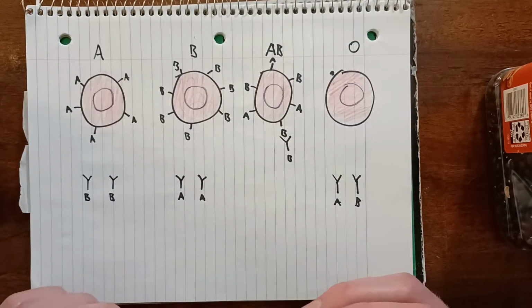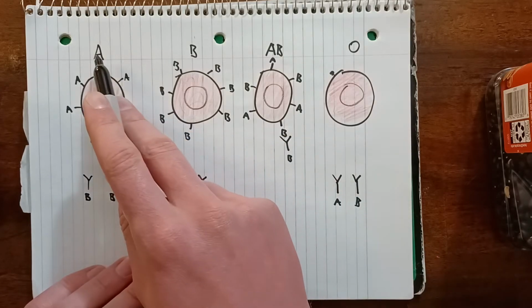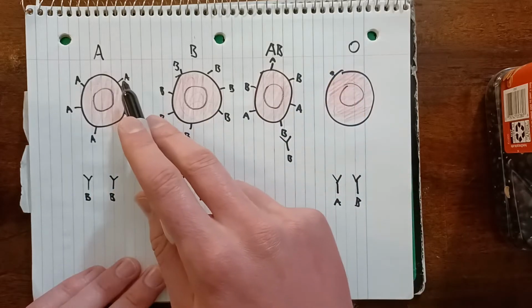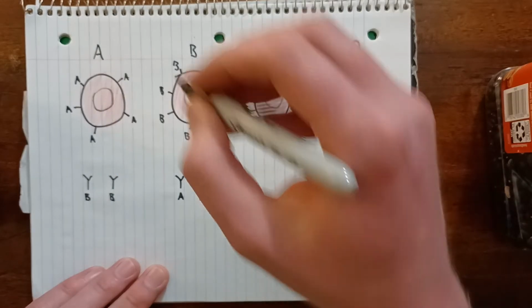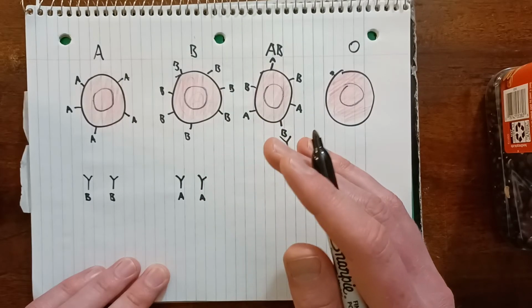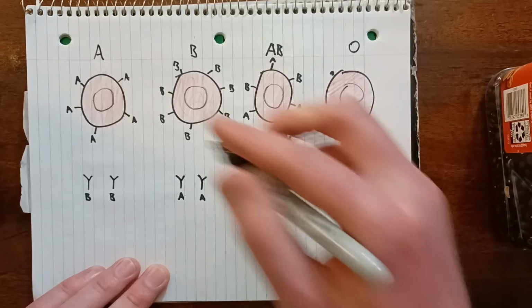The other thing to add is positive and negative. So when we're doing our blood type, the A, B, AB, or O, that's referring to these antigens, and then the positive or minus at the end, that's just referring to what we call our D antigen or our Rh factor, however you want to call it.